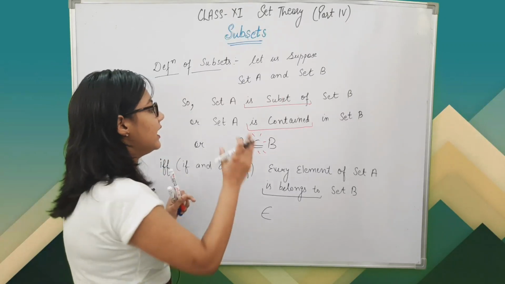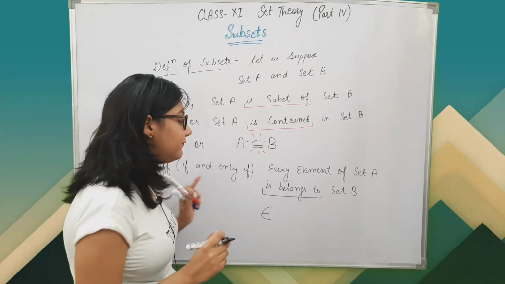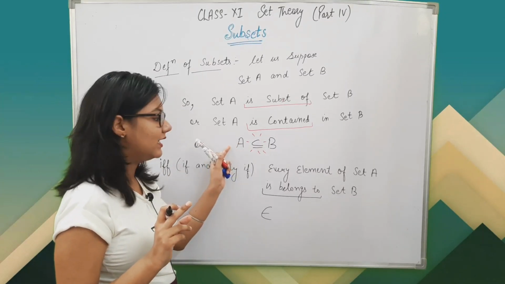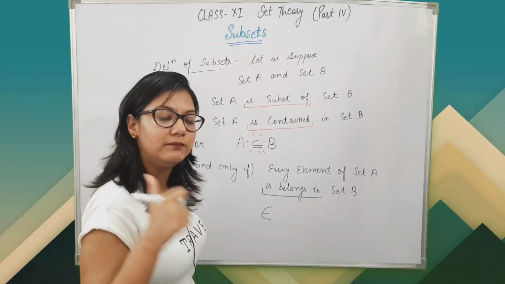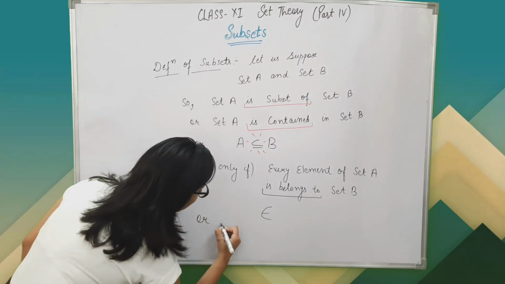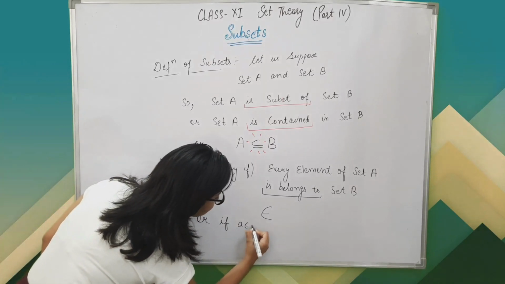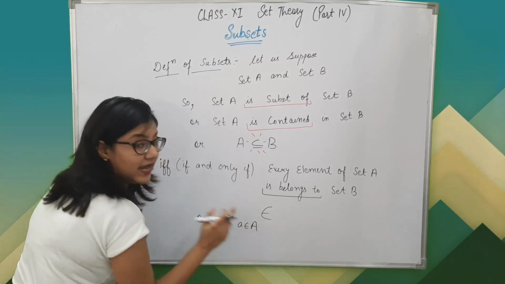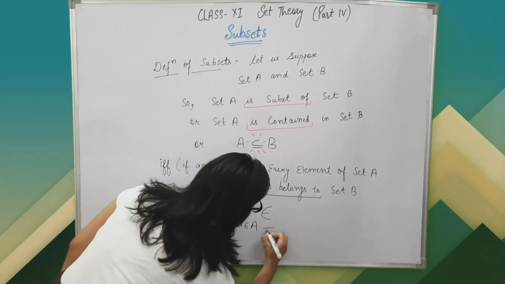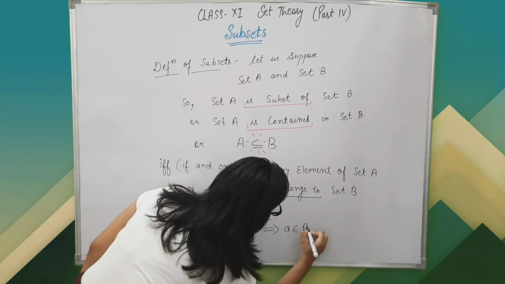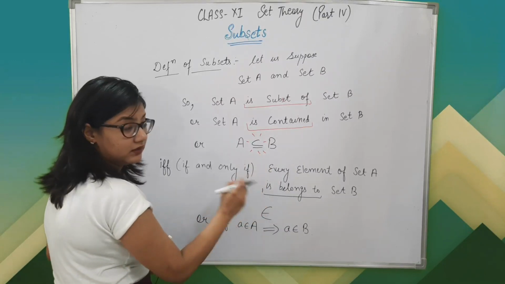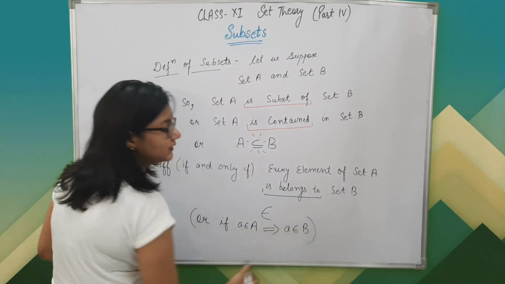So you will say A is a subset of B if and only if every element of set A is also an element of set B, right? Or you can say, if small a is any element of big A, then this implies a is also an element of B. Clear? So you can write this line in mathematical form like this.